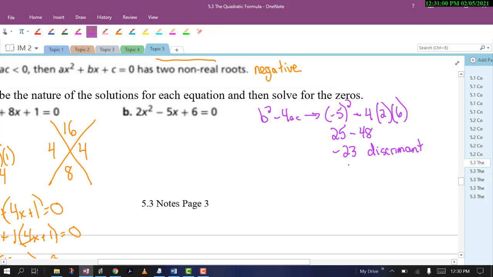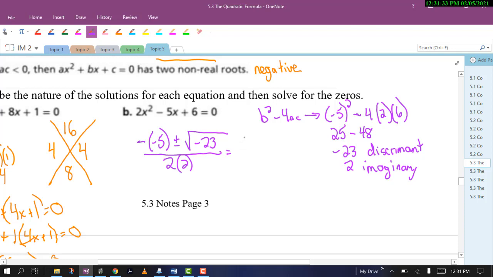So that means we have two, they say non-negative, too imaginary, too complex, whatever. So can we keep going? Yeah, of course. So our full quadratic formula is negative b, so negative 5, plus or minus the square root of b squared minus 4ac, which we know is negative 23, all divided by 2 times a.